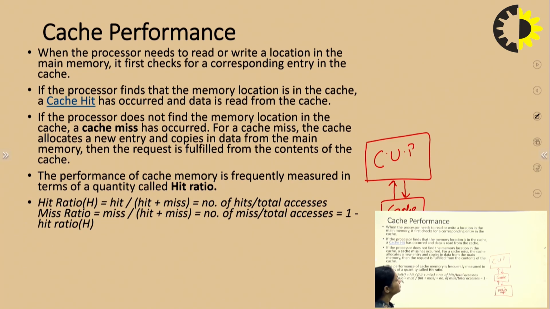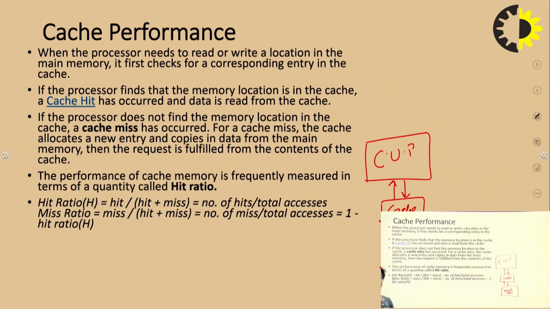Okay. So first, when the processor needs to read or write a location in the main memory, first it will check the corresponding entry in the cache memory. If the processor finds the memory location in the cache memory, it is called a cache hit.